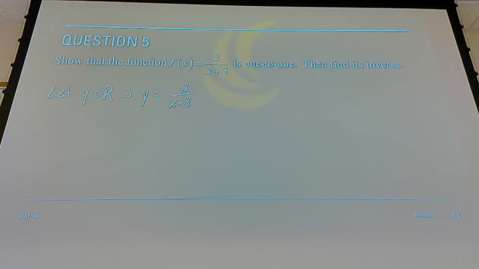So I'm just going to use the codomain, which is all real numbers. So I'm saying y is a real number that satisfies y equals 2 over x plus 3. And so again, I'm giving you an output. You want to find its corresponding input. That is your inverse.